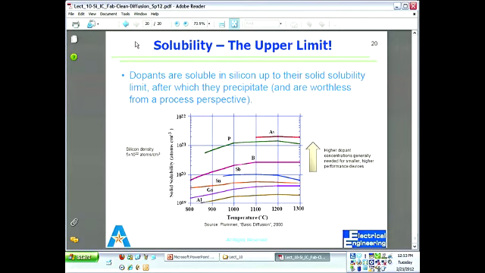So a diffusion furnace is not very different from an oxidation furnace, right? But in this case, instead of just giving it water vapor or oxygen, we give it these recipes of gases that we want to dope with.